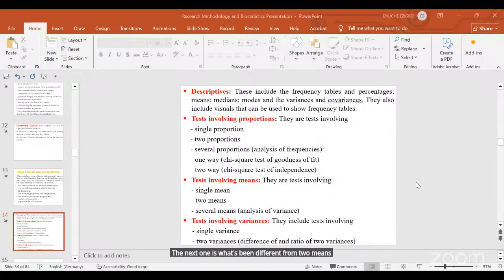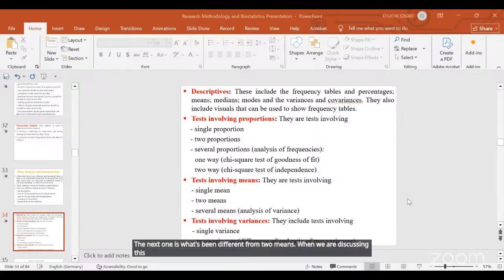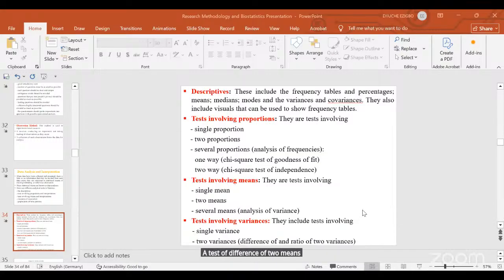When we are discussing tests involving a single mean or test of difference of two means, the normal t-test that we do can handle any of the two of them. Is that clear? But if we are looking at the test involving several means, then t-test doesn't have the capacity to be used to handle several means.